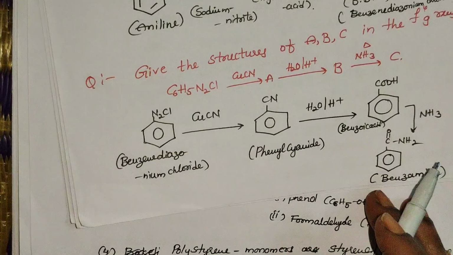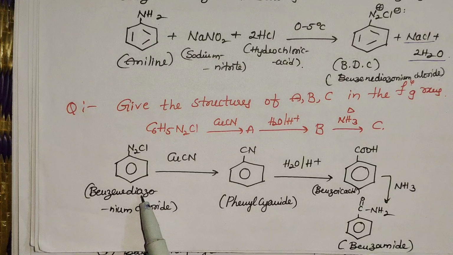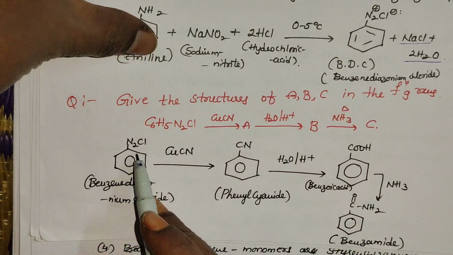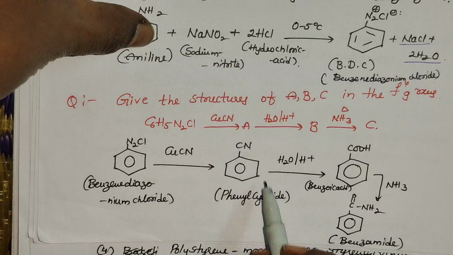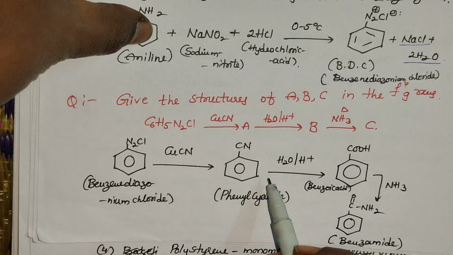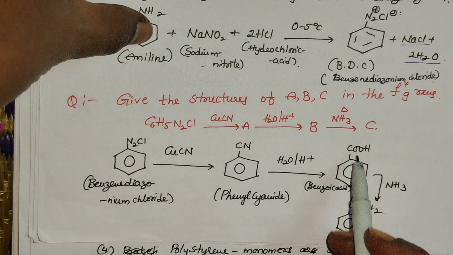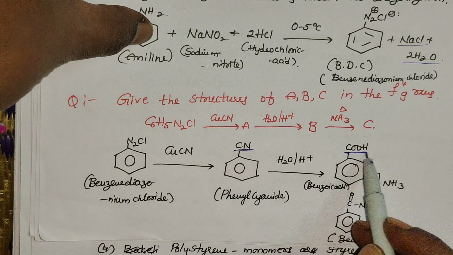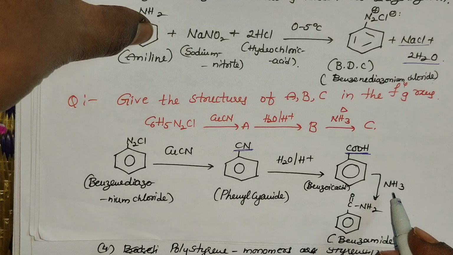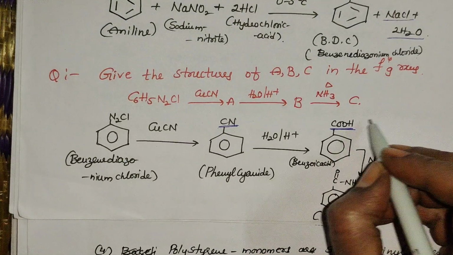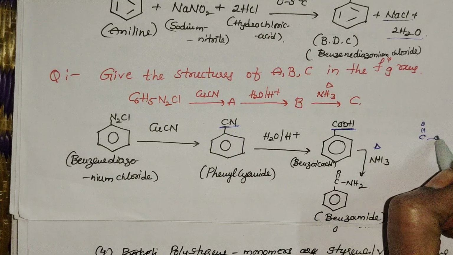What is the product? See, this benzene diazonium chloride when reacted with copper cyanide will give cyanide substituted in the place of N2Cl. That is known as phenyl cyanide, this is the phenyl group and cyanide group. This phenyl cyanide when treated with water will give benzoic acid, the CN converting to a COOH group. When it is treated with ammonia in presence of heat, COOH is C double bond OH, right?